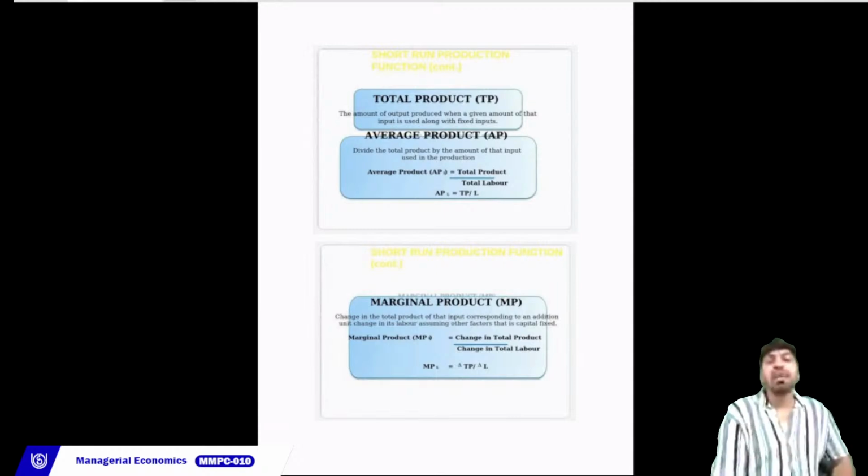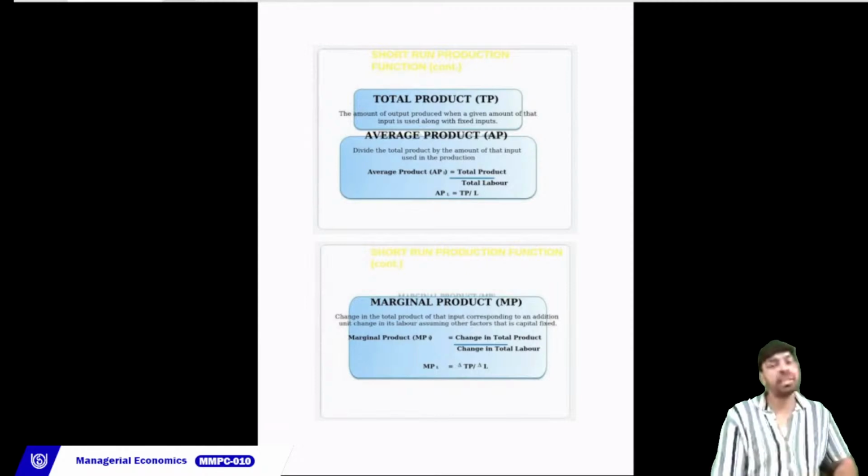Average product refers to the total product divided by the number of units of input used in the production, and that's called average product. The formula given here is total product and total labor, where total labor is the number of units of input.